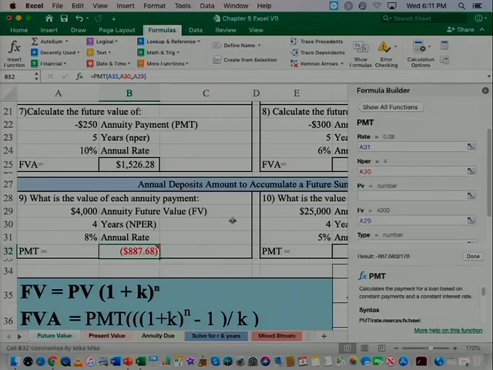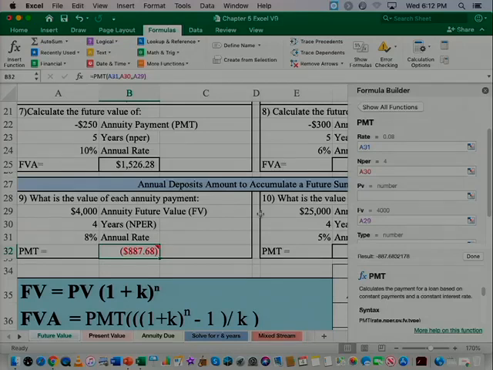So try problem 10. I'll leave this payment function open. And I used to, before using these functions, I used to have students type in these formulas in Excel, and we used to work out the actual formulas from the textbook. But the functions work so much more consistently and so well.